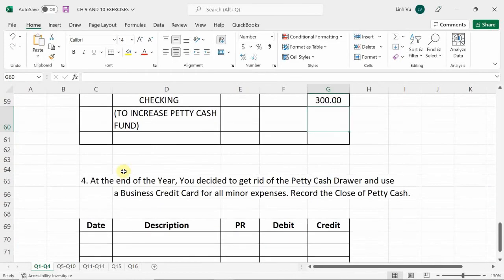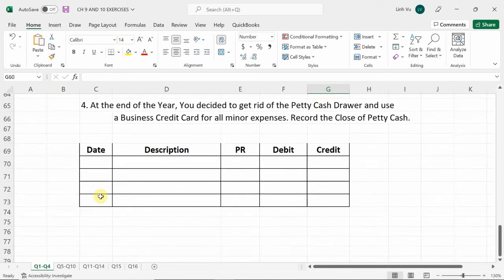Number 4. At the end of the year, you decided to get rid of the petty cash drawer and use a business credit card for all of the expenses. So record the closing of the petty cash drawer.